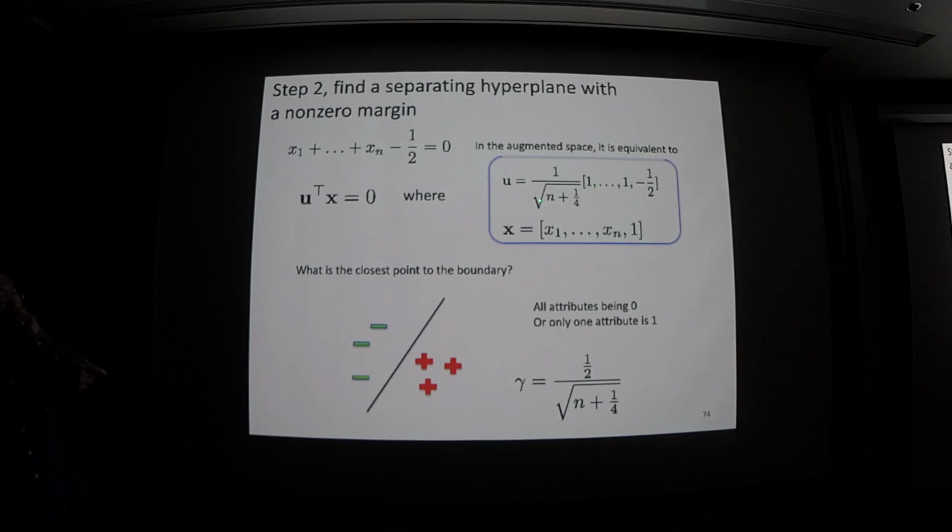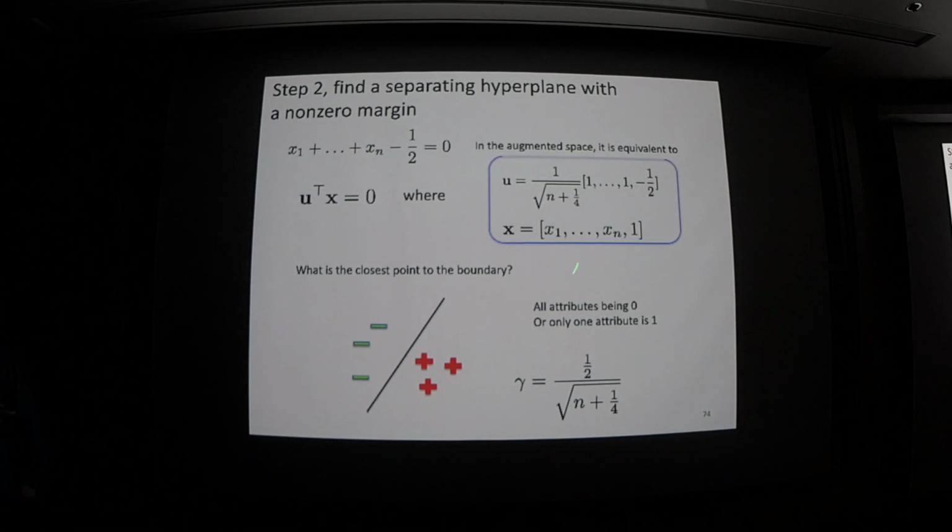So this is the u vector, and this is x. This is our separating hyperplane, and to compute the margin, we just pick the point which is closest to it. That means all attributes being 0, or only one attribute being 1.